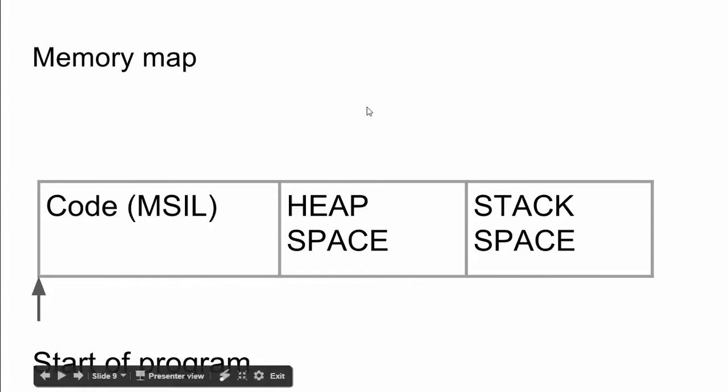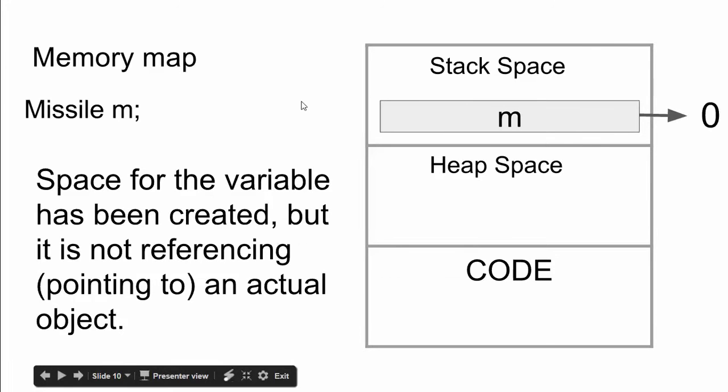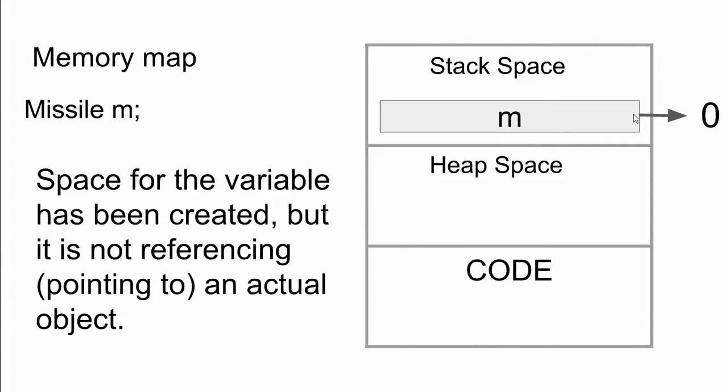So let's take a look at our program here. Let's assume that we're creating an object of type missile, and we're going to call it M. When we do this, we get a variable created for us in our stack, and it is set to null. It's not actually referencing an object. All objects that we work with in C# are actually references to objects.